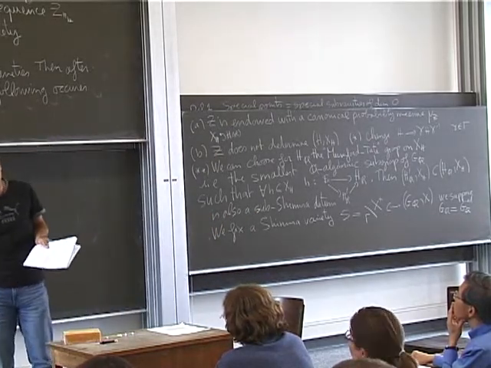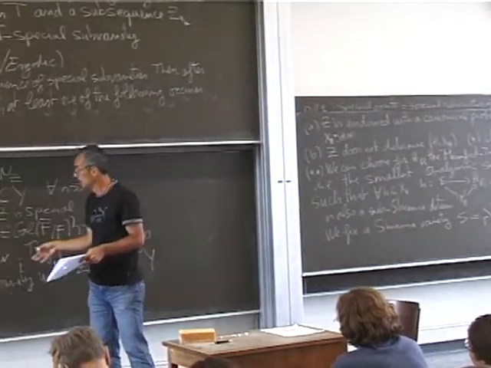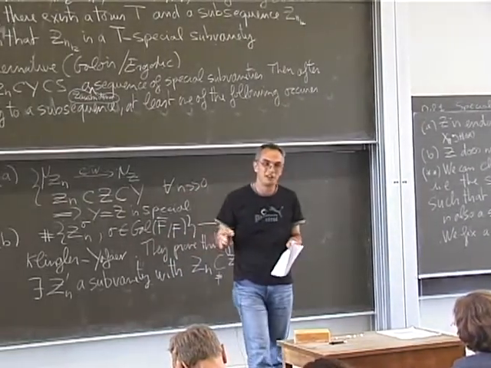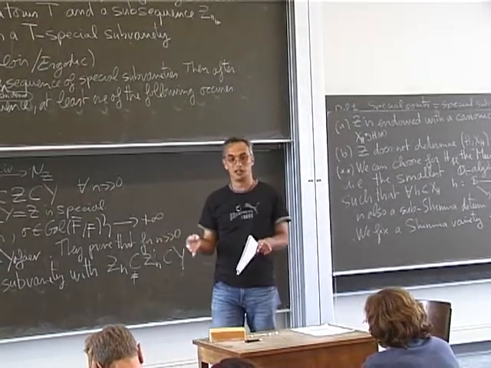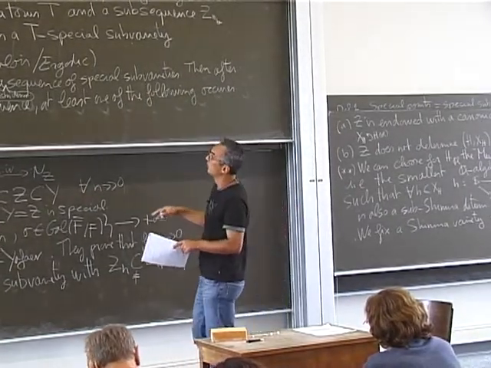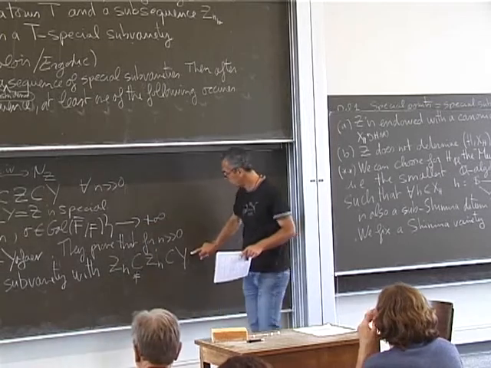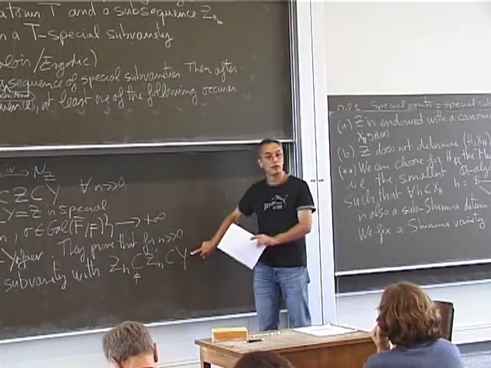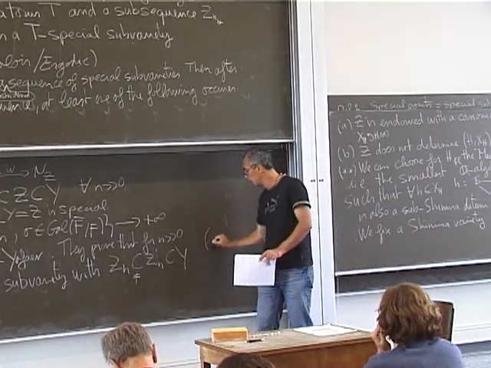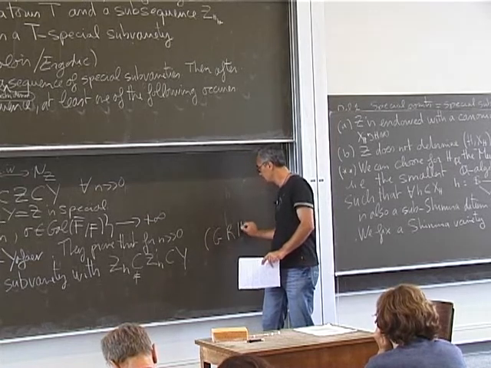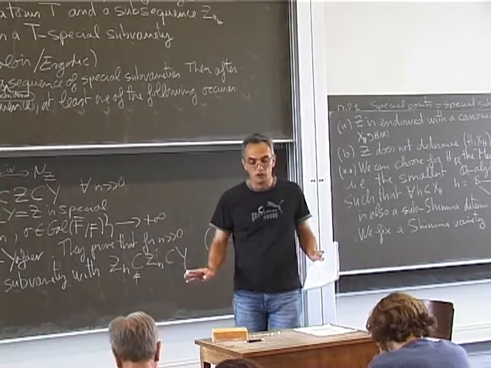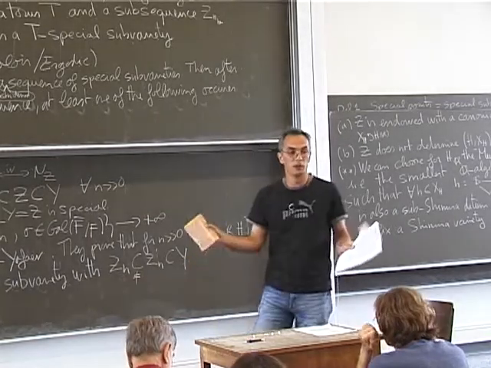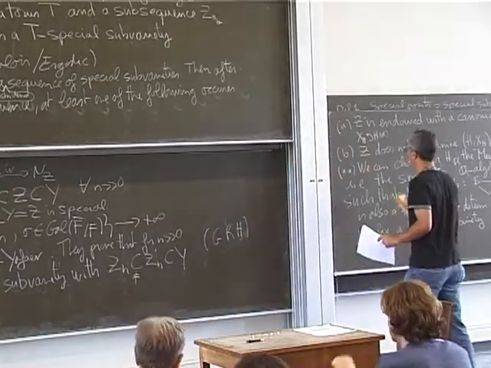So we use it because we don't know how to do it in another way, but it should be possible to remove it in this part. But in this part, GRH is used in a fundamental way. So here there is really GRH in a deep way, and there is no hope at the moment of avoiding GRH.